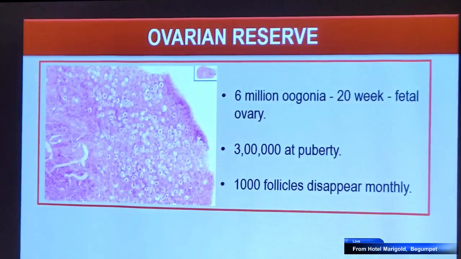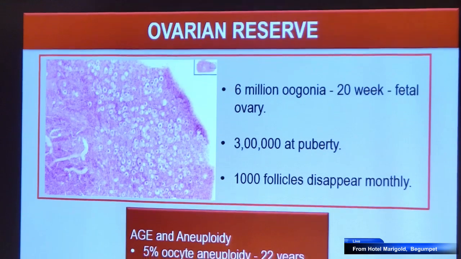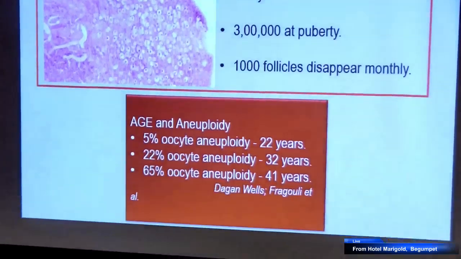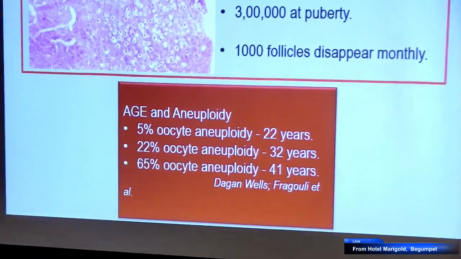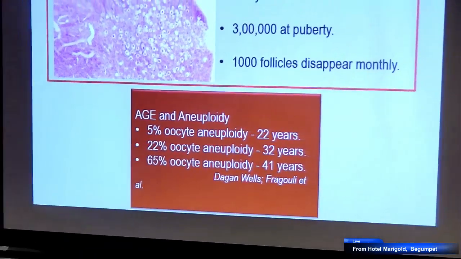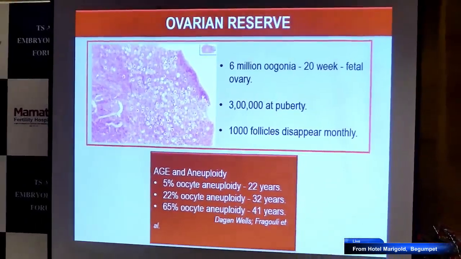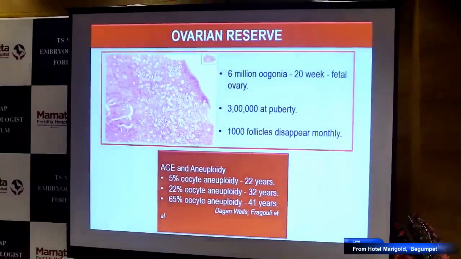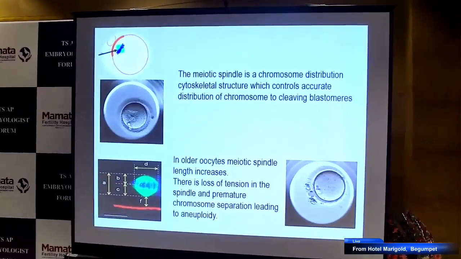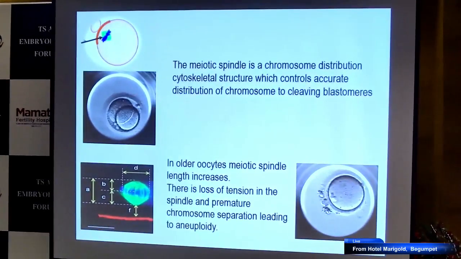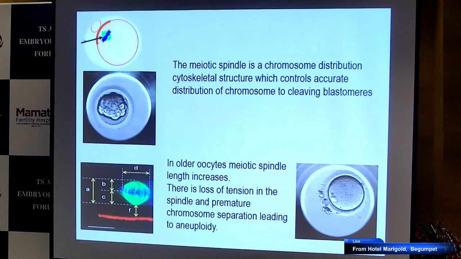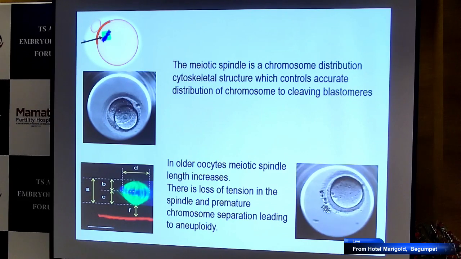And then we also know about the reserve. We are all aware that there is a lot of depletion happening, and age is one key factor that affects the quality, and it has been shown that as high as 65% of oocytes are aneuploid at the age of 41. So why does aneuploidy occur with age? If you look at the meiotic spindle, it is the chromosome distribution cytoskeletal structure present inside the oocyte, which accurately distributes the chromosomes to the cleaving blastomeres.